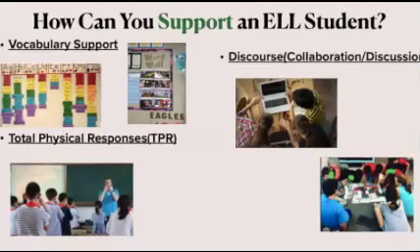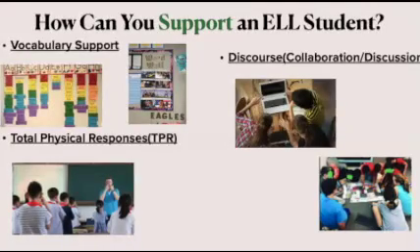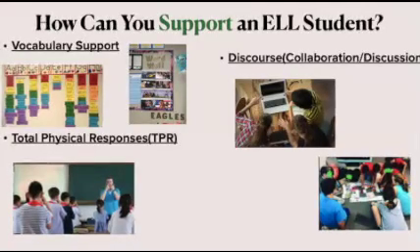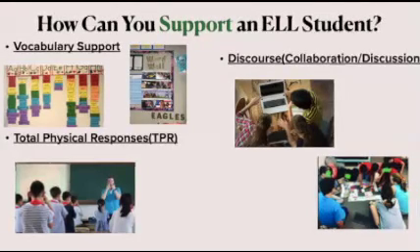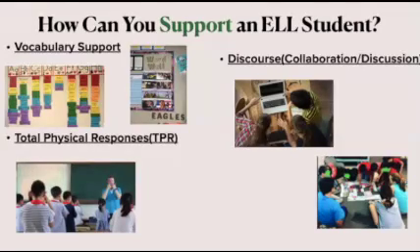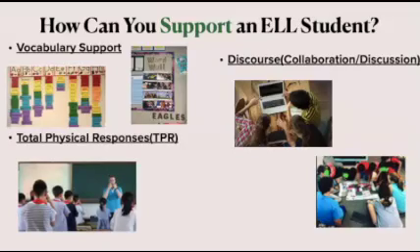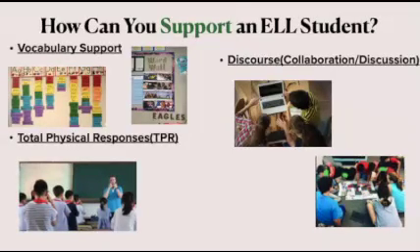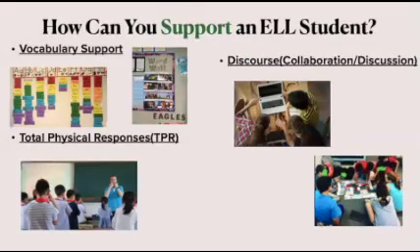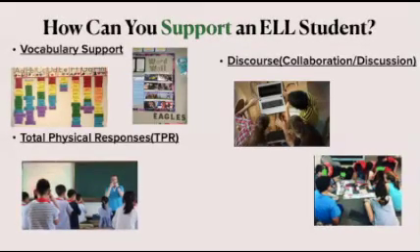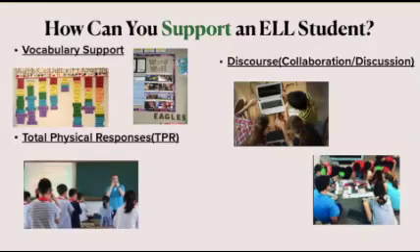Through the use of total physical response, students are able to understand in a more physical, kinesthetic way. For example, this is seen a lot when singing the ABCs to the students. They'll use little symbols with their body and their hands, and you can also use miming when you're trying to support a student who perhaps isn't understanding the English language at all.